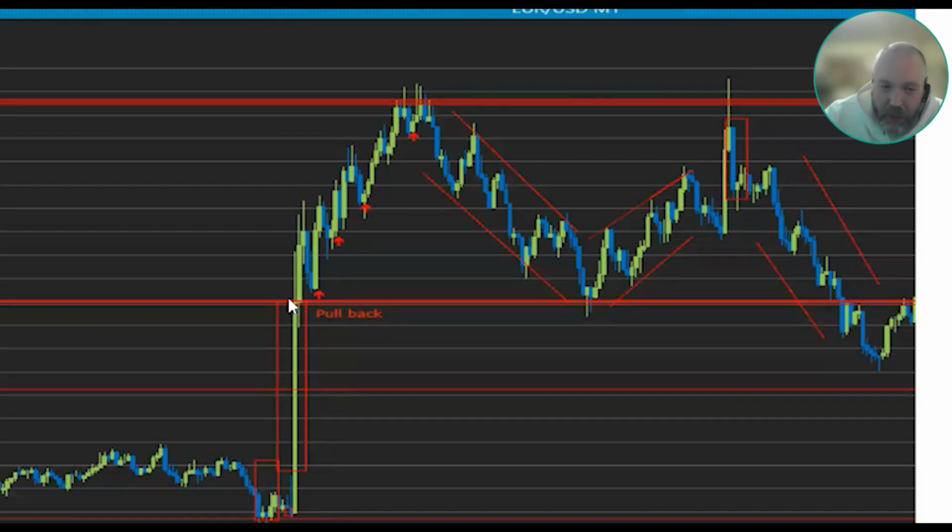So if I was able to catch this to the long side, I'd probably take profit here at that stall, maybe fade it, and then really pay attention to the price action on this candle, and probably would still be in a little bit of buys there.